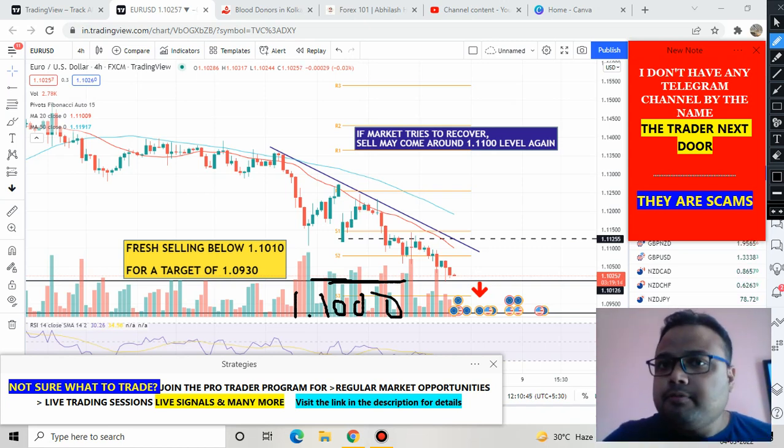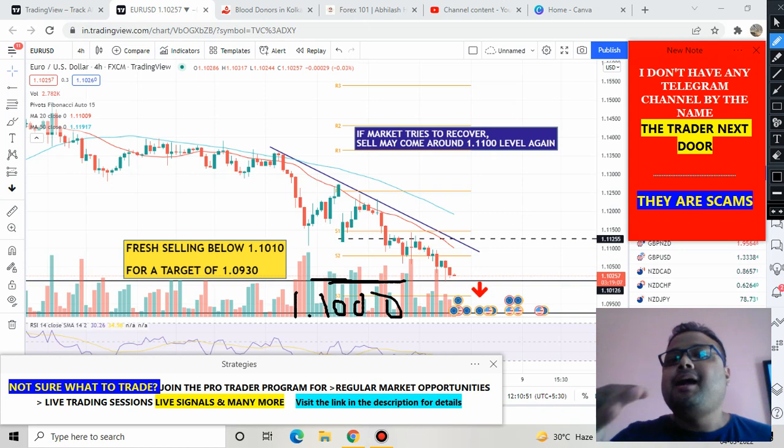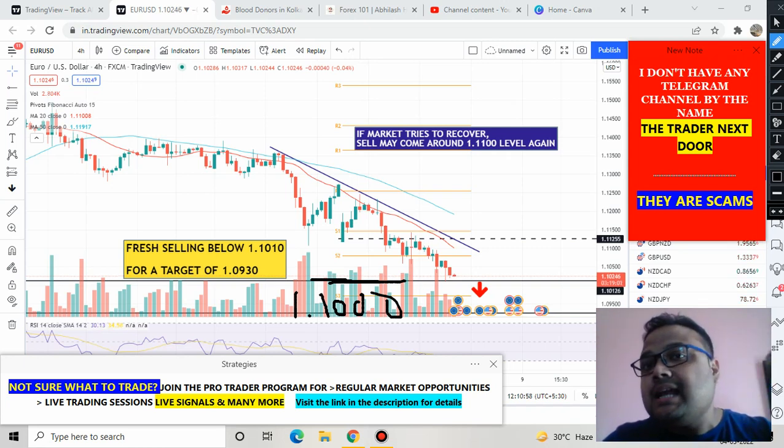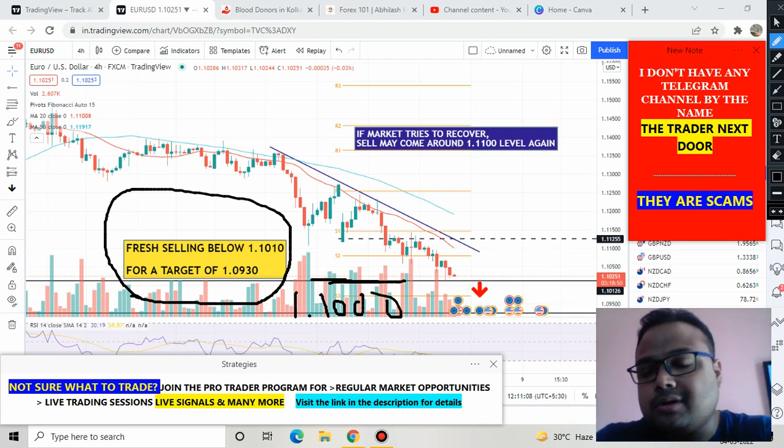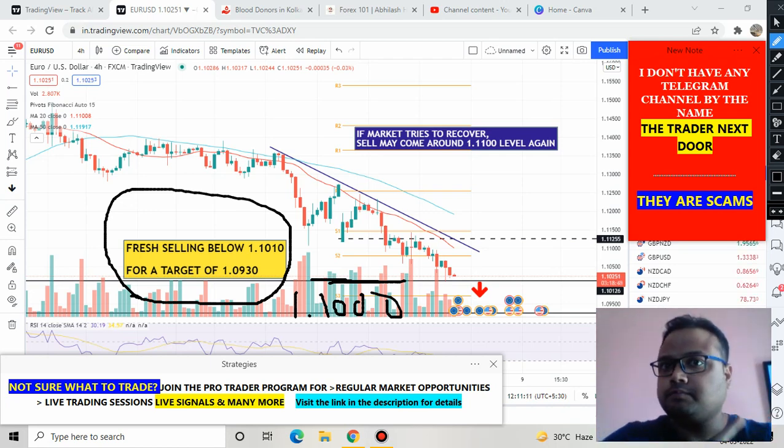But if market breaks the level again, if we see that there is sudden selling pressure again in the market, market has crossed this level, then definitely there will be fresh selling in the market, and you can take a sell position for a target of 1.0930. Okay, you can take a sell position for a target of 1.0930. Clear? Because this market is very much weak right now.